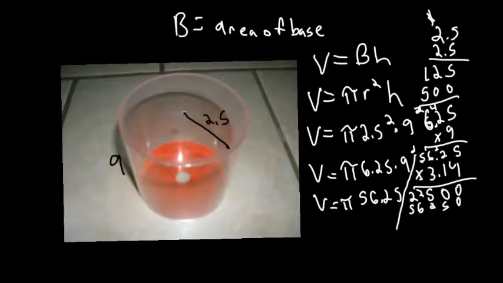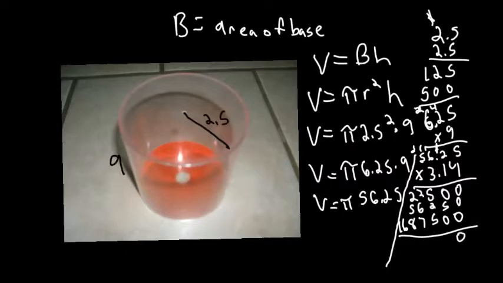Draw a line here so I make sure I'm not getting my numbers confused. Alright, 2 placeholders. 3 times 5 is 15, carry my 1. 3 times 2 is 6, plus 1 is 7. 3 times 6 is 18, carry my 1. 3 times 5 is 15, plus 1 is 16.